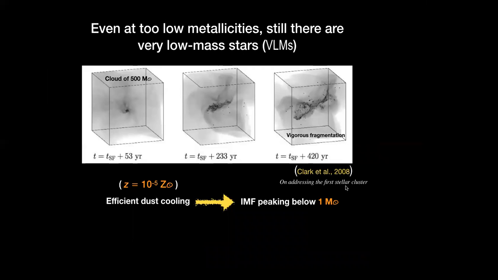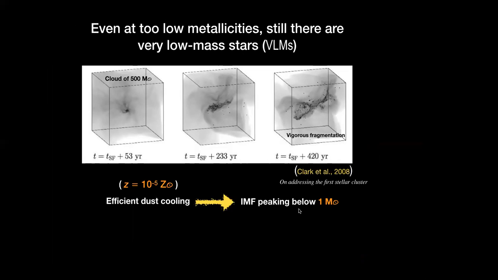Again, Clark in 2008 performed simulations with dust present in the cloud, and they formed the IMF, again based on the simulation data. And that IMF was peaking below 1 solar mass. Look at this.